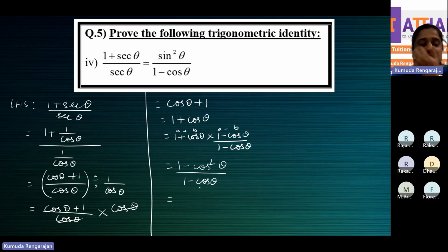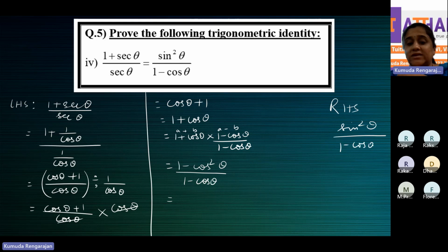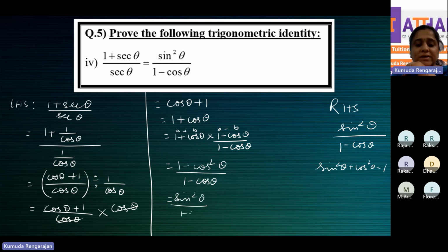In the RHS, the numerator is sine square theta and the denominator is 1 minus cos theta. We got the RHS denominator, but we haven't got the numerator. What is 1 minus cos square theta? Sine square theta, because sine square theta plus cos square theta is 1. So sine square theta divided by 1 minus cos theta, which is the RHS.